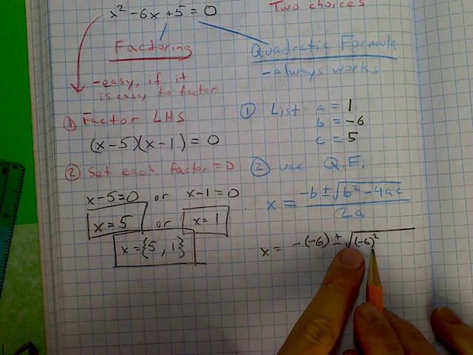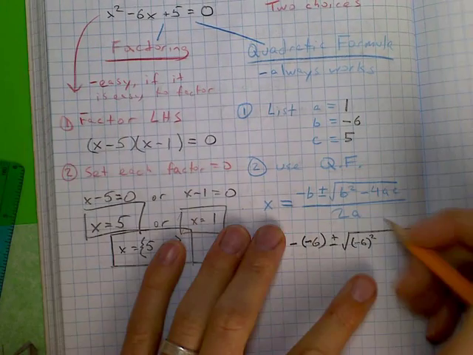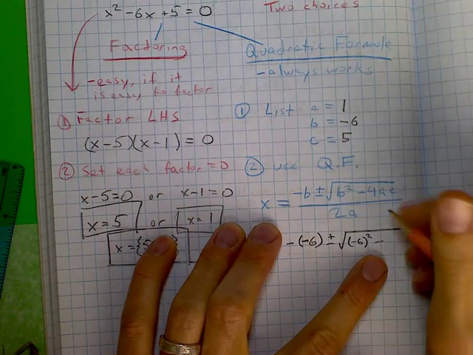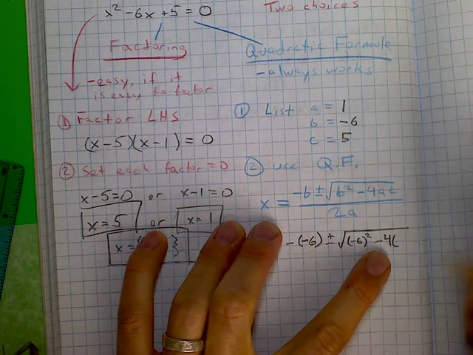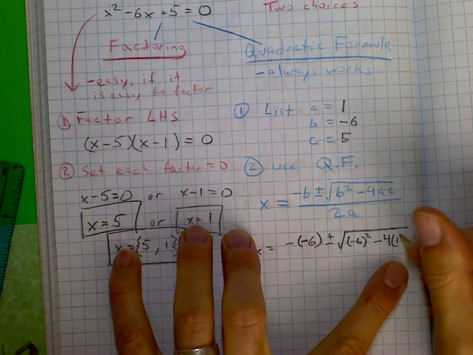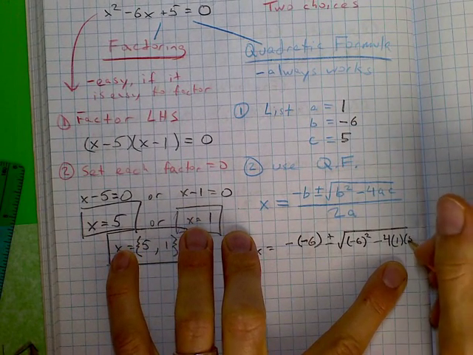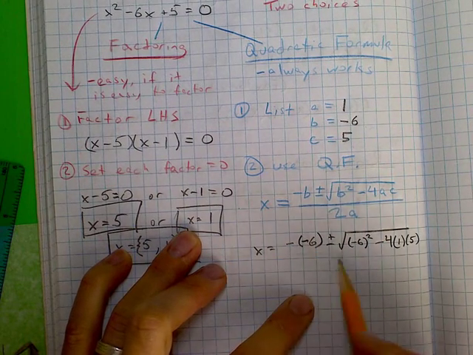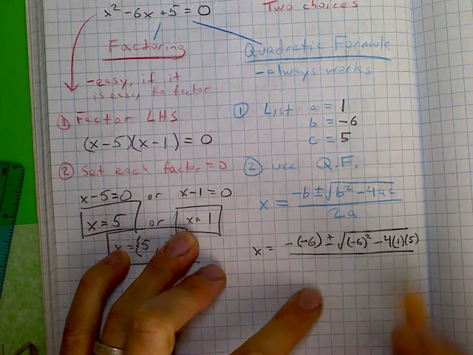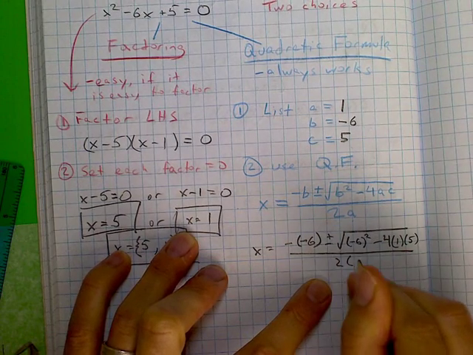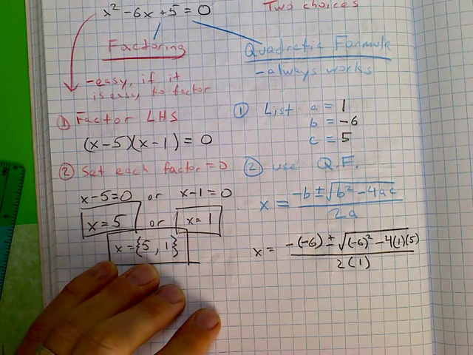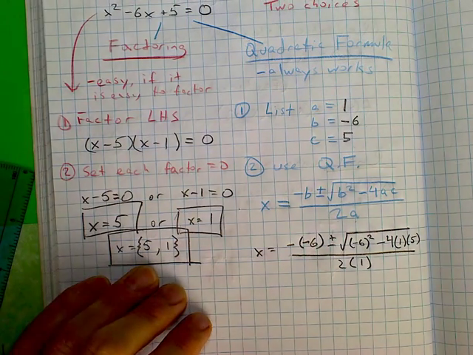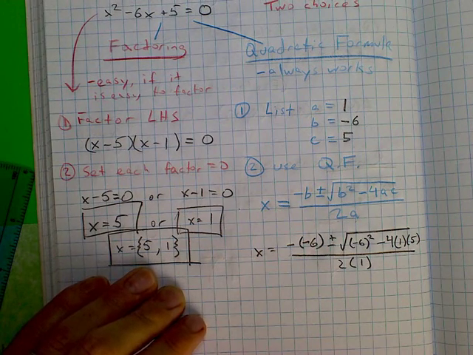Everywhere I plug in a number, I'm going to put it in parentheses because that's going to help me stay organized. Here I've got 4 times a, which is 1, times c, which is 5, all over 2 times a, which is 1. So there it is, my quadratic formula.